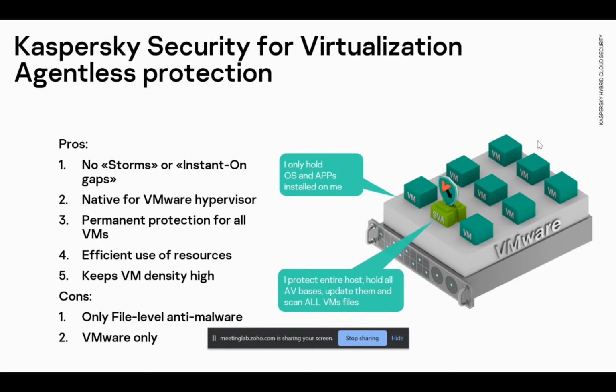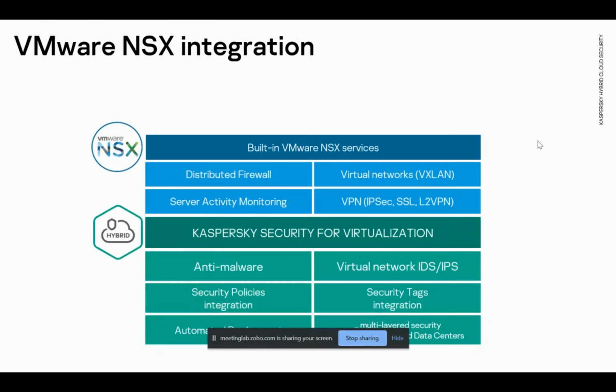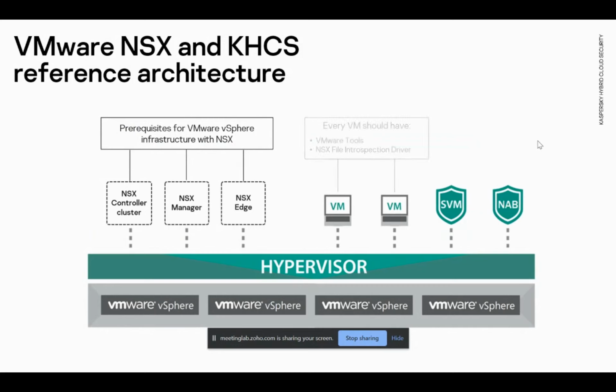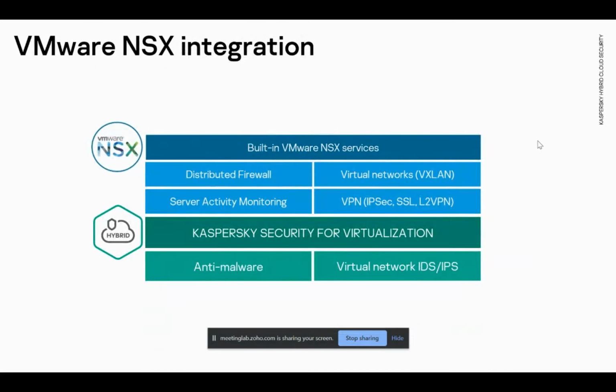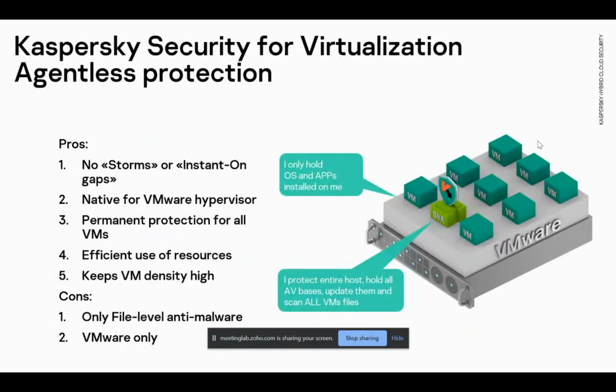But we can work around that. I'll show it in the next slide. So if I go back to our original, it is only file level anti-malware, which is done by the SVM, whereas the light agent does all of the things without requiring any additional VM called NAB, network attack blocker.